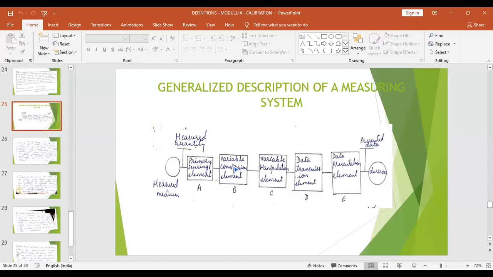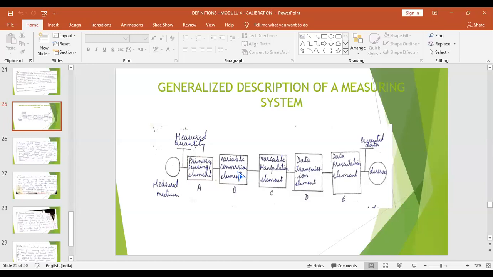The signal is filtered, amplified and rectified in the variable conversion element. That analogous signal is converted into the voltage signal.